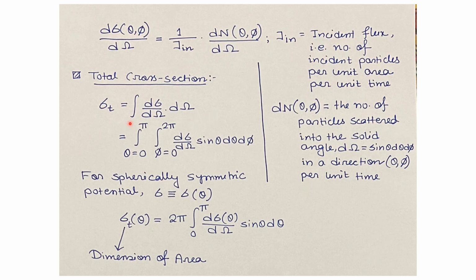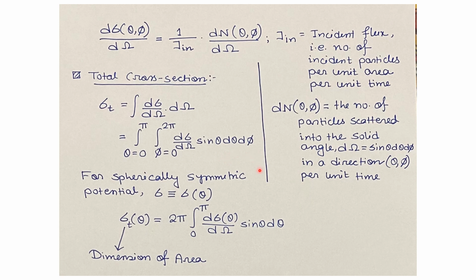So this integration will run over theta and phi, where theta ranges from 0 to pi and phi ranges from 0 to 2 pi in this spherical polar coordinate, and inside the integration we will have d sigma d omega times d omega, which gives the term sin theta d theta d phi.